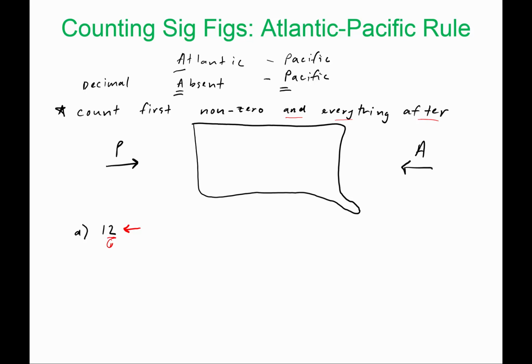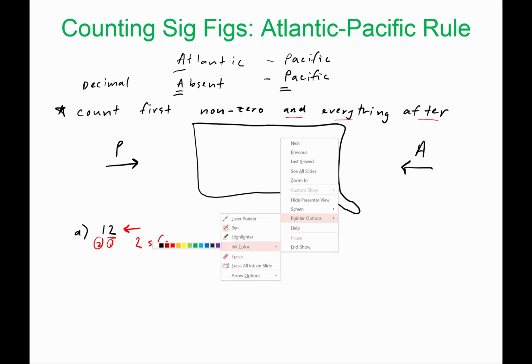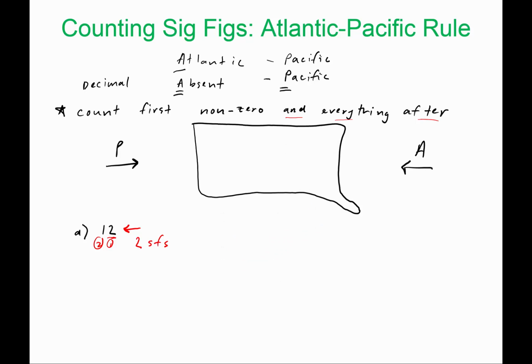So this number has 1, 2. So this number has 2 sig figs. Or I write 2 SFs, 2 sig figs. So let's try a couple more examples.